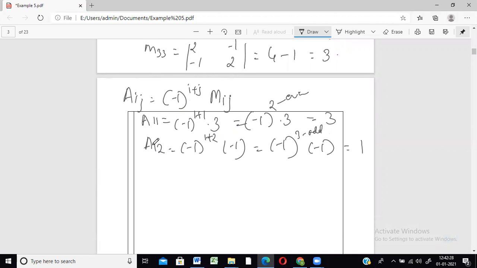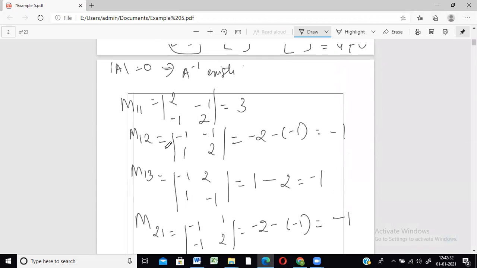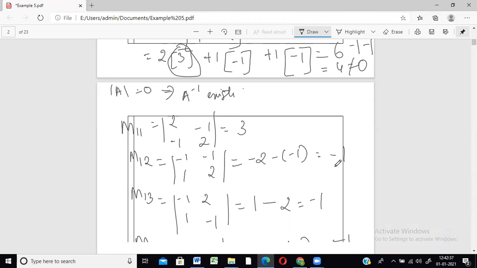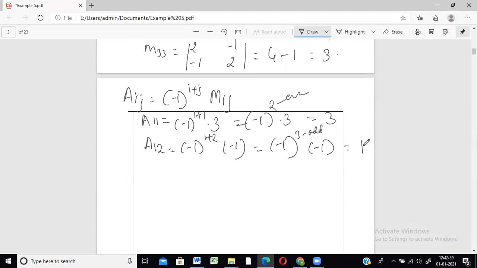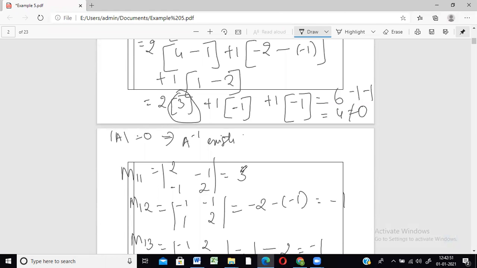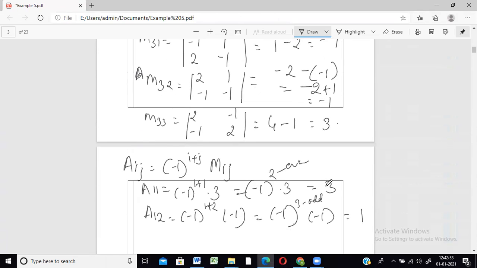Because see, where 1 plus 2 is 3, it is odd. So the sign of our minor's answer will change. Now, as this minor is -1, the cofactor will be the opposite, +1. And the one above was A11, right? So A11 means 1 plus 1 is 2, meaning it is even. So the sign of that will not be a negative sign. So whatever sign the minor has, that will be the same as the sign of the cofactor.